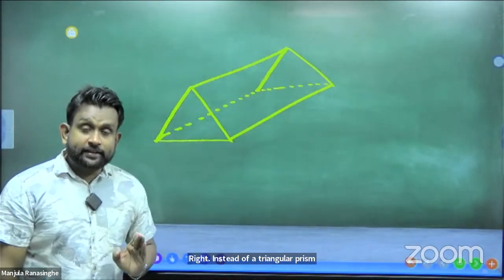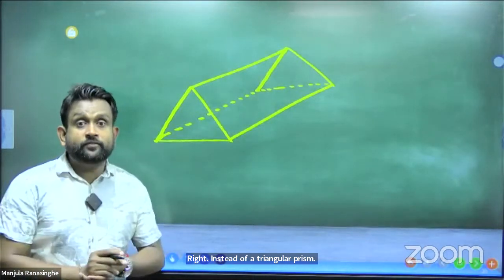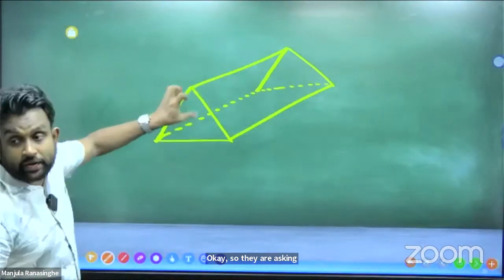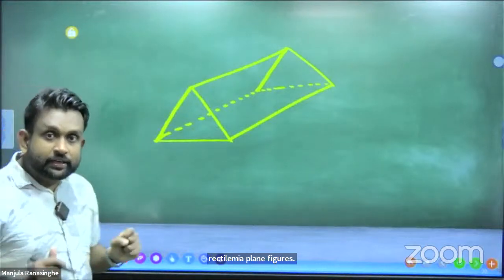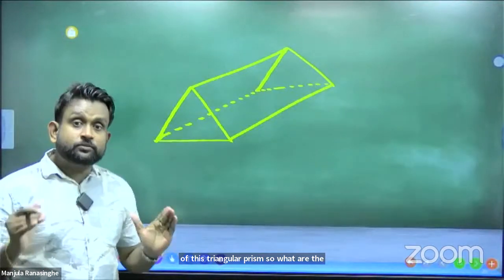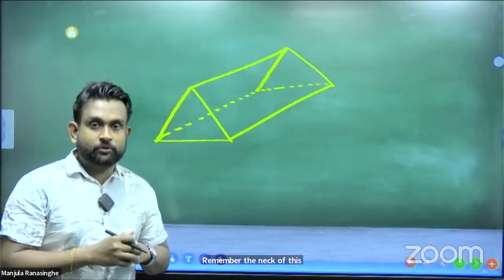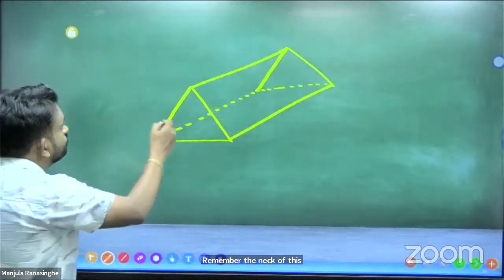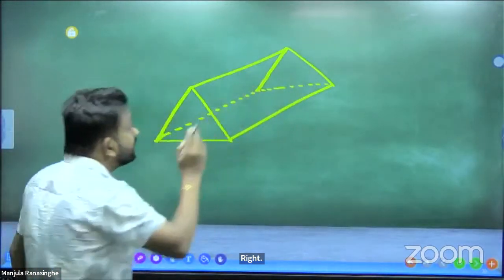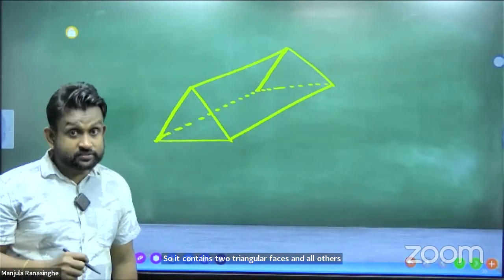They are asking to draw the rectilinear plane figures of this triangular prism. So what are the plane figures it has? Remember the net of this. Make the net, right? It contains two triangular faces and all others are rectangular faces, rectangles.